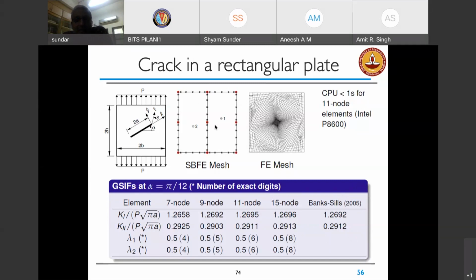And on a typical Intel P8600 machine, it takes less than a second to give you the stress intensity factor, which personally I think is very fast when compared to the finite element method, because with the finite element method you need to have an extremely refined mesh, which increases the computational effort. So it is a very efficient method, but the shortcoming is that it's still at an early stage. Applying it to a three-dimensional problem is still a work in progress.